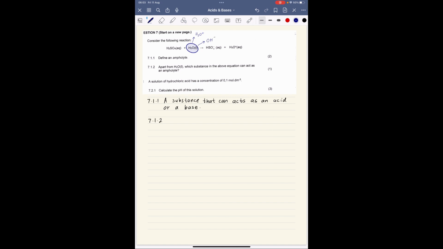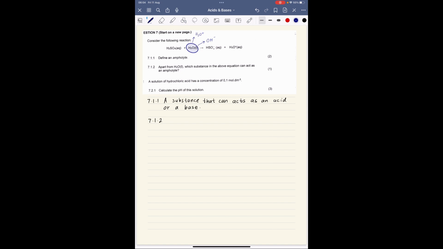So we know that this is the most famous ampholyte. Another ampholyte can receive one more H and give off an H. So it can act both as a base and an acid.